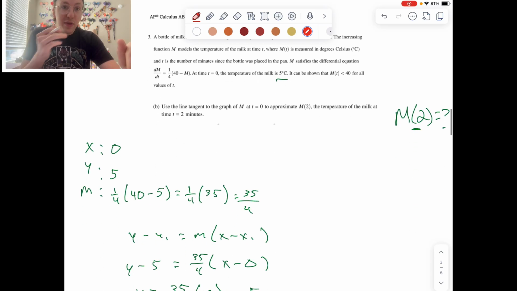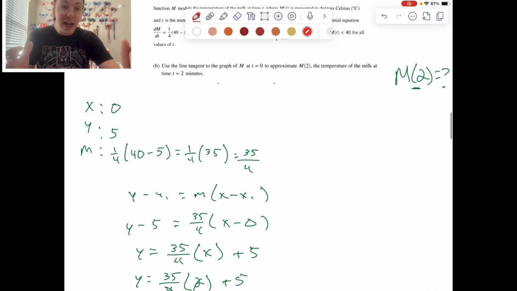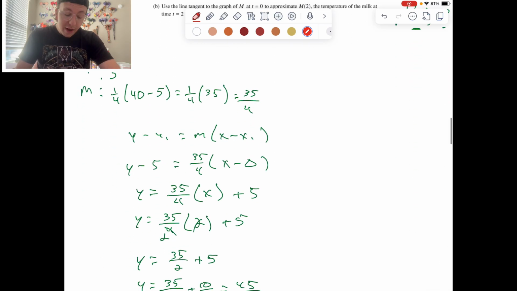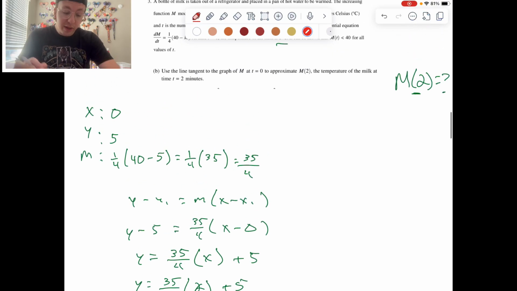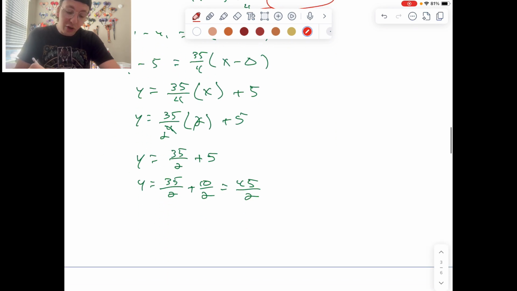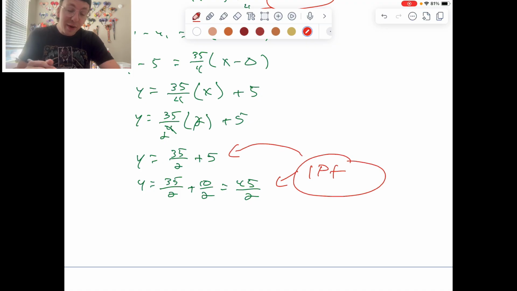For our second one, we had to use the tangent line to figure out the value of m of 2. You got 1 point if you identified your slope at 0,5. And you also got 1 point if you had the correct approximation. Again, you could have stopped right here without simplifying and you could have gotten that value.